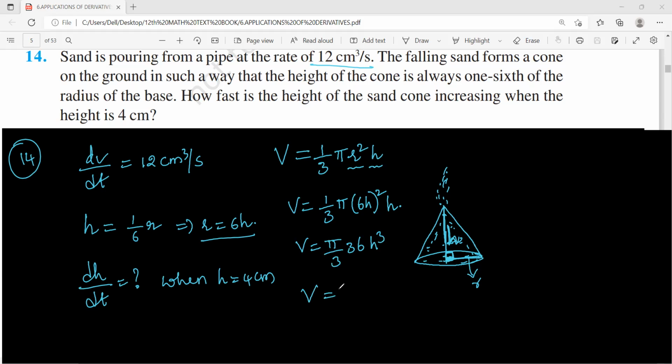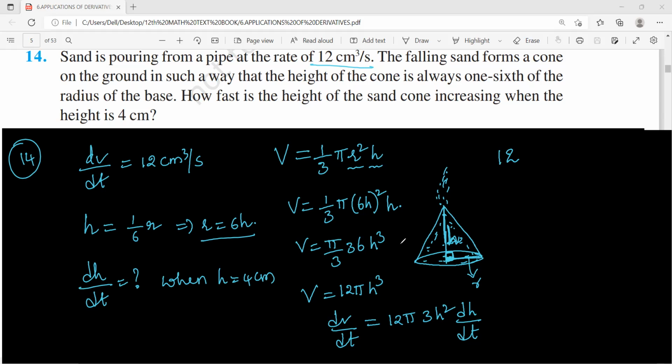Volume is now 12 pi H cube. That's it. Now dV by dt is 12 pi times 3H square into dH by dt. That's it. Now dV by dt is given. If you want, you can copy them.